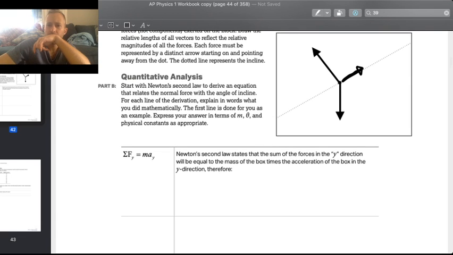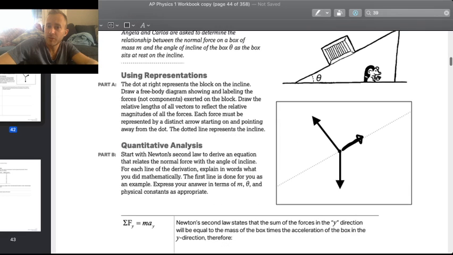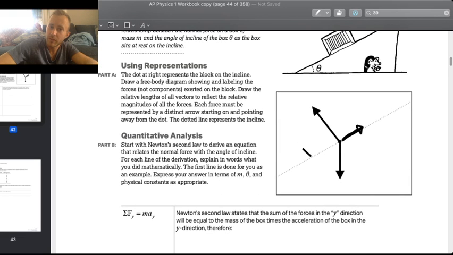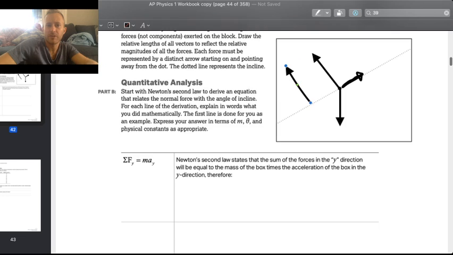Okay, so I'm going to choose. Now, what we did in these kinds of problems is we chose the y direction to be perpendicular to the incline. Okay, so that's the y direction. So keep that in mind. That makes this a lot easier.